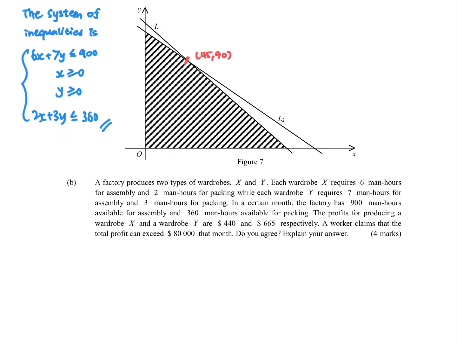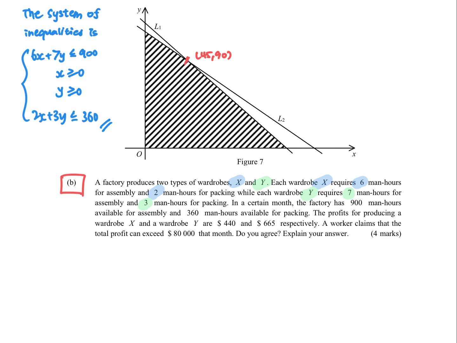Okay, part B, here we go. A factory produces two types of wardrobes, X and Y. Each wardrobe X requires 6 man-hours for assembly and 2 man-hours for packing, and each wardrobe Y requires 7 man-hours for assembly and 3 for packing.